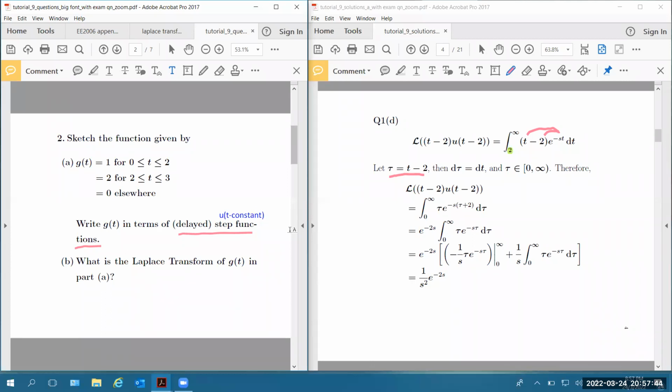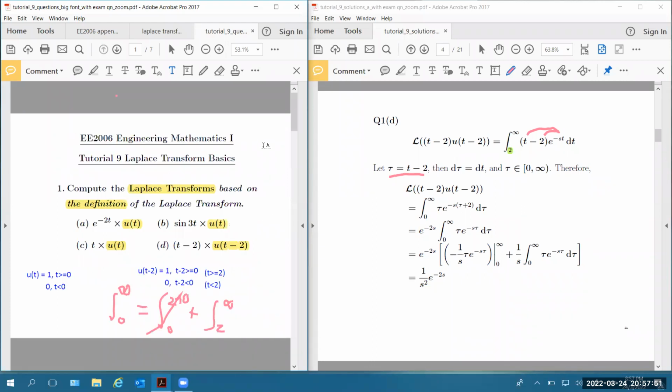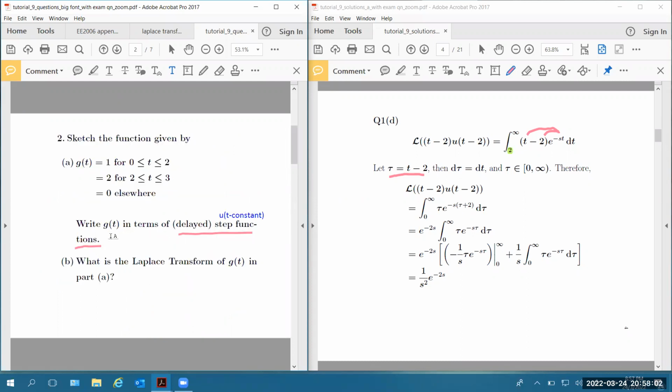So the argument is t minus a constant. Somewhat like our earlier question. And you see here got u(t minus 2), right? So this u(t minus 2) is called delayed step function. Is it okay? So here they ask us to write g(t) in terms of delayed step functions. And after that, you want to find the Laplace transform of g(t).